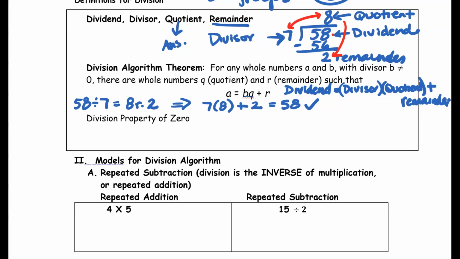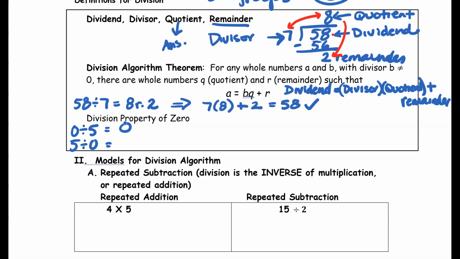The other property that I want to talk about related to division is the division property of 0. So what happens when we divide by 0, and what happens when 0 is being divided? One thing you can do is just use your calculator. Take your calculator and do 0 divided by 5, and then do 5 divided by 0, and see what happens. When you do 0 divided by 5, you end up getting 0.